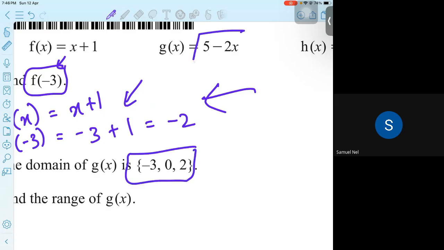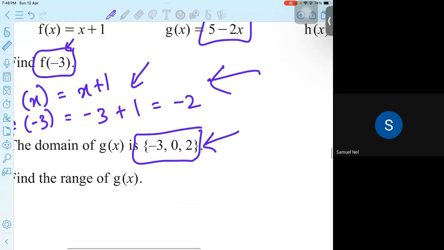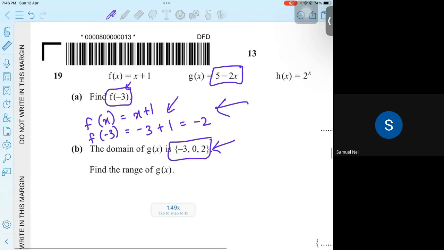As I can see in this equation, it's a straight line graph, so it doesn't have any requirement that if I input some value of x, my function becomes invalid. It does not have any such rule. However, the question is still defining the domain for me and telling me that I'm only allowed to use these 3 values of x as my domain. That is when the question itself limits the domain for you.